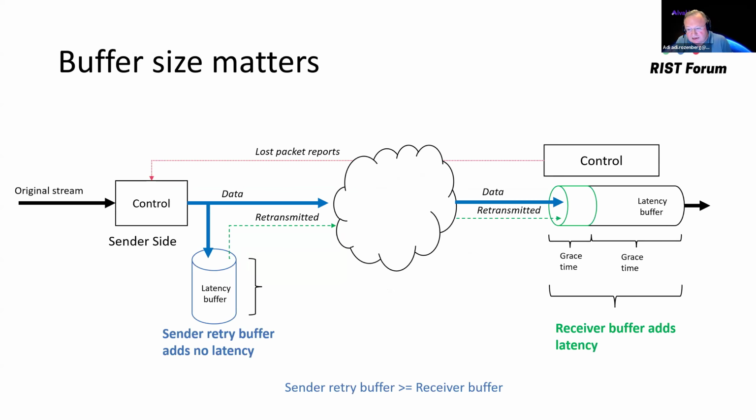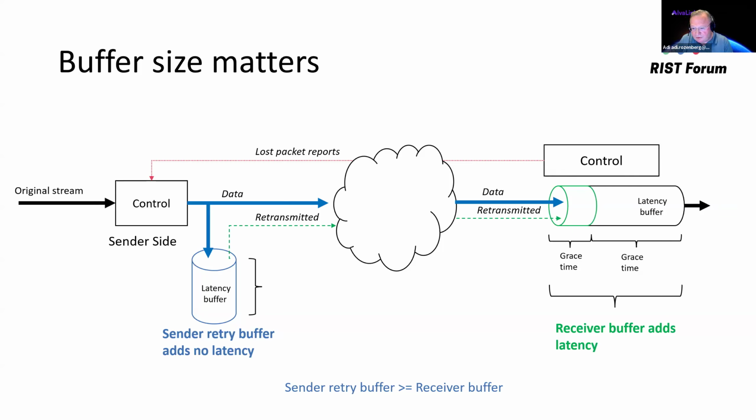Now, why does buffer size matter? Because on the receiver end, it does two miraculous functionalities. One, the first section is a reordering time, or as I call it, grace time. That grace time gives you enough time to wait for the packets to arrive. The second one, also a grace time, is for packets to arrive or be retransmitted on time to recover any losses that we might have. That buffer on the receiver side basically adds latency.